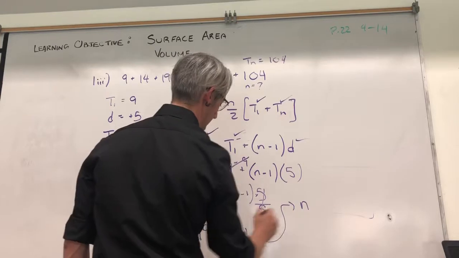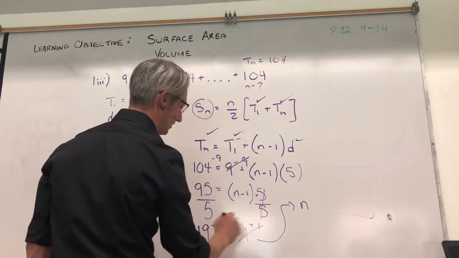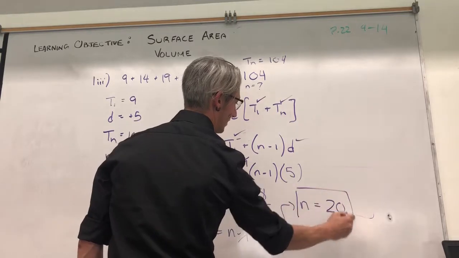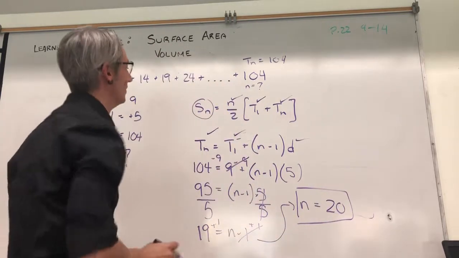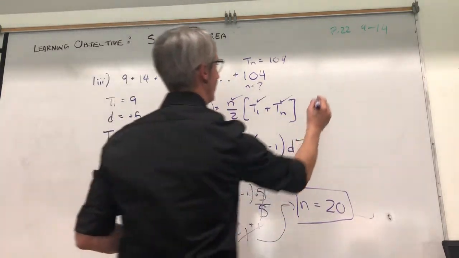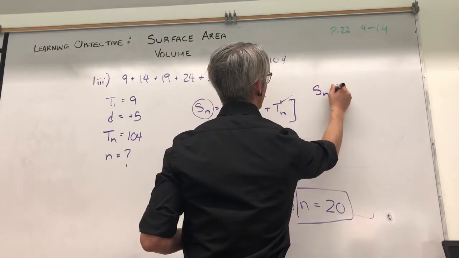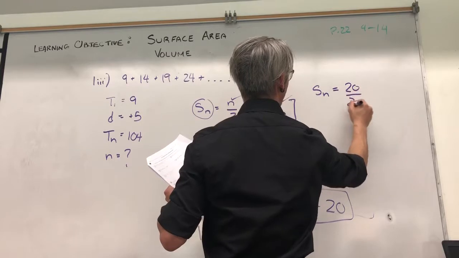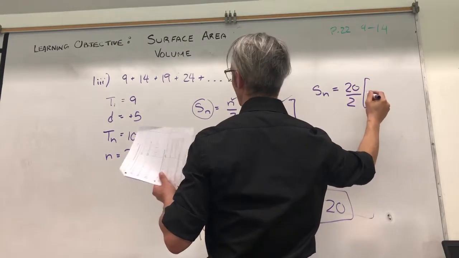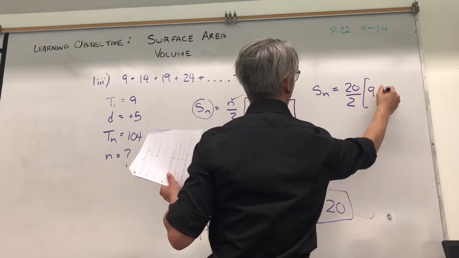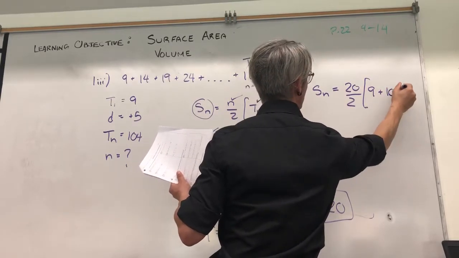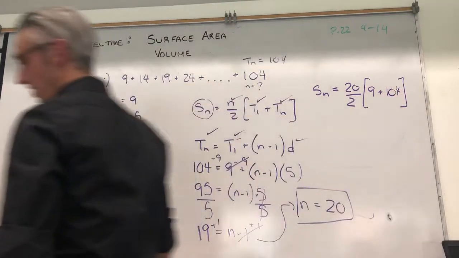So I add the 1 on each side, and n is equal to 20. Now I have all that, and I can solve for Sn. So Sn is equal to 20 divided by 2, 9 plus 104. Let's make sure this is in the shot.